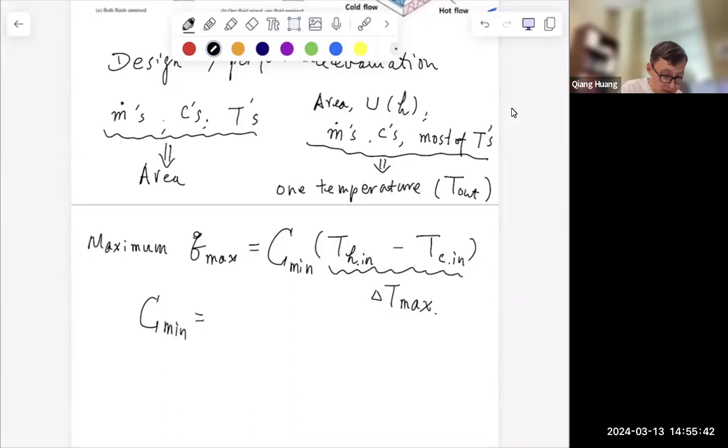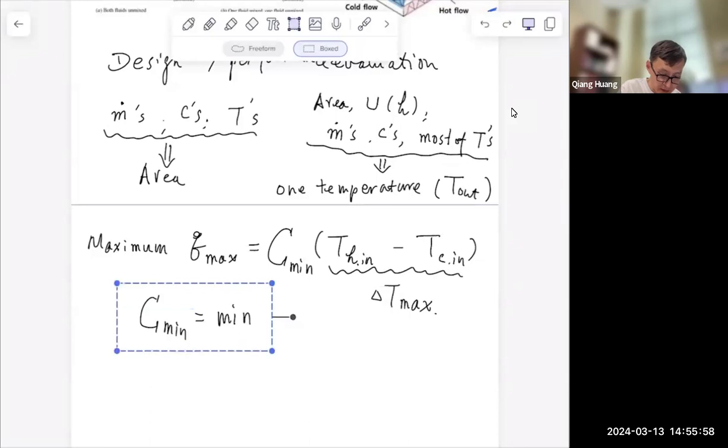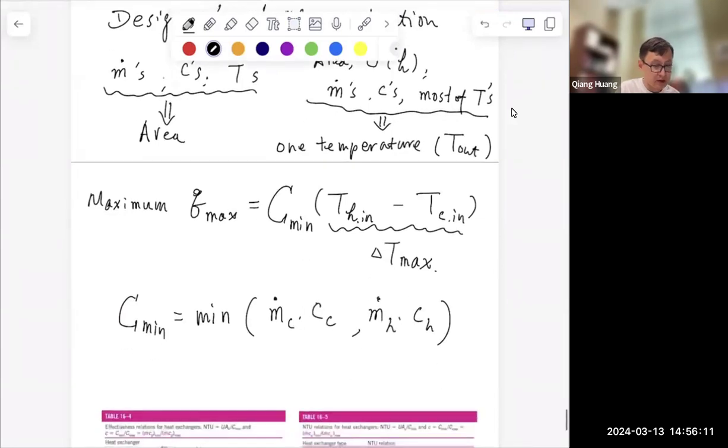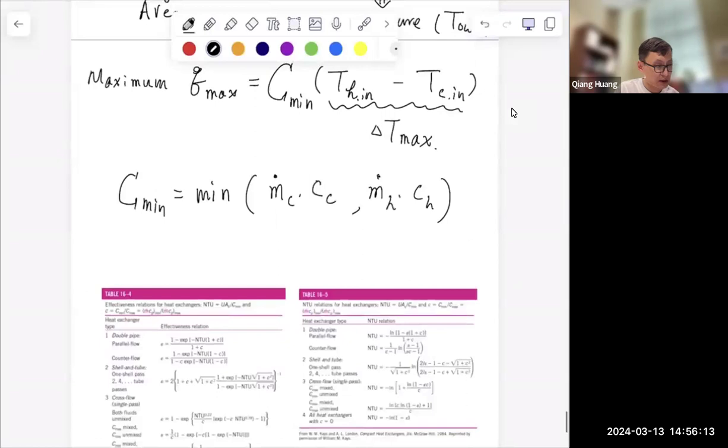So C minimum, the minimum total heat capacitance, is the minimum between the two. The two are, first, the cold one, and second, the hot one. This will determine the maximum heat transfer.